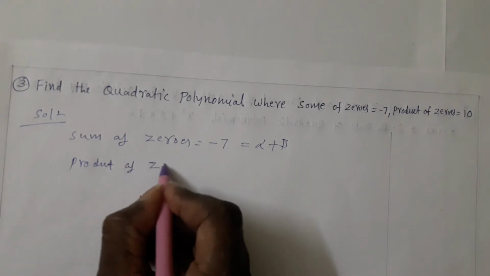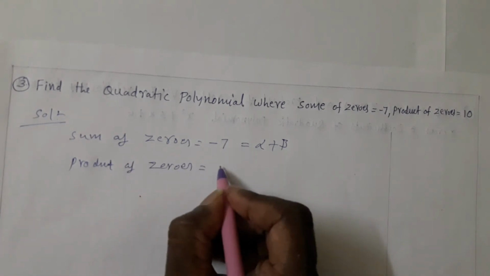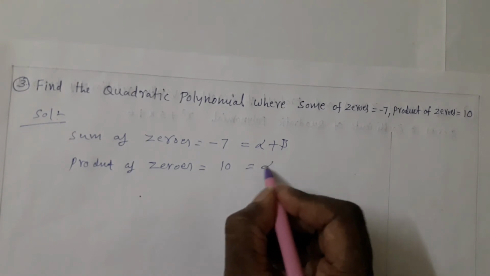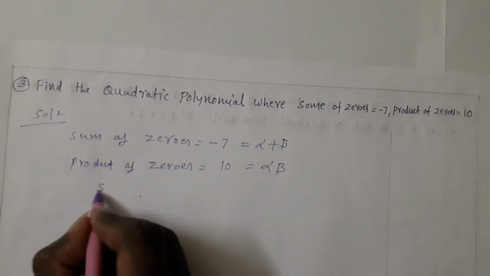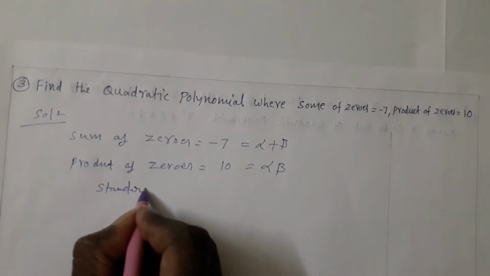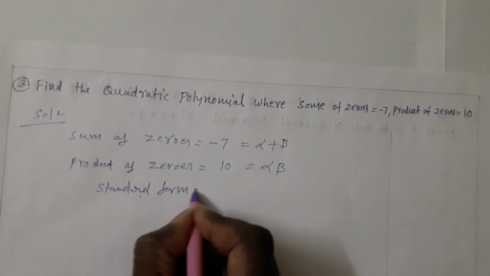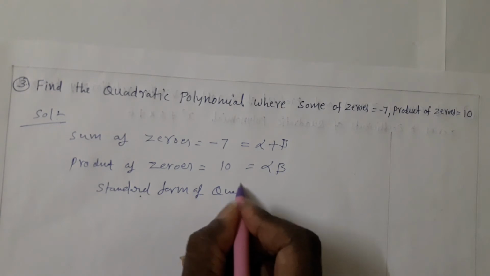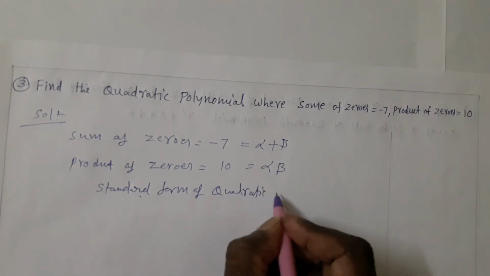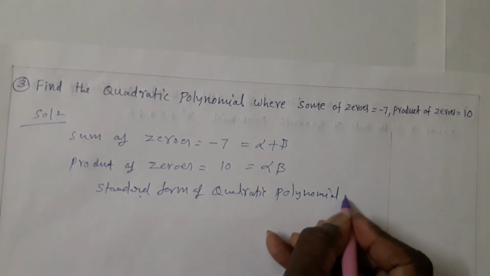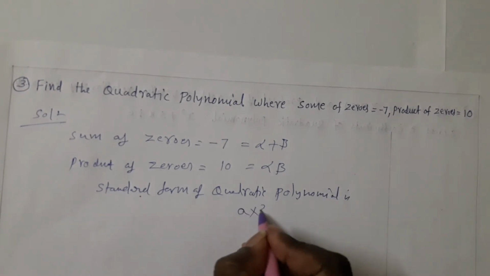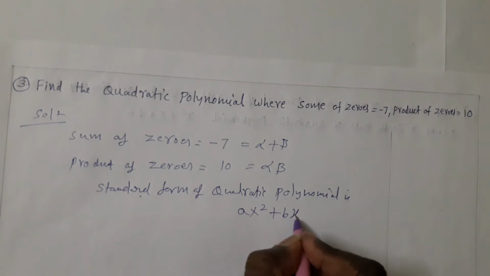Product of zeros is 10, that is we call alpha beta. Here the standard form of quadratic polynomial is ax square plus bx plus c.